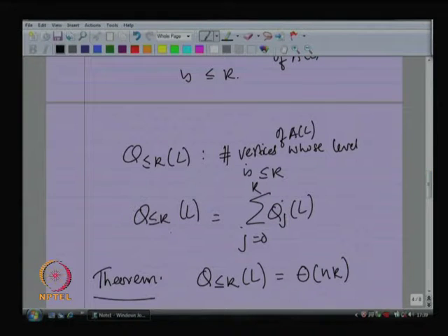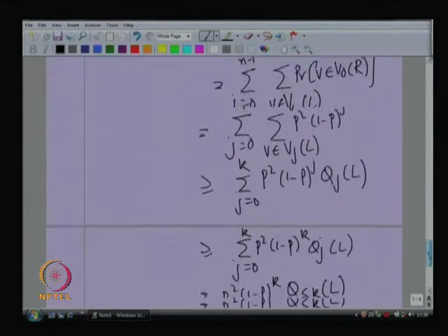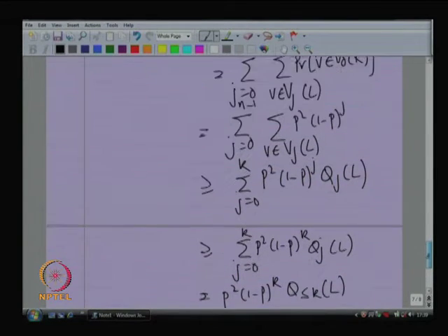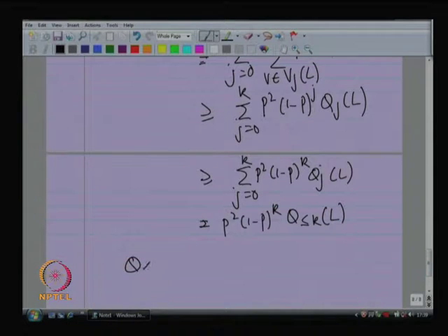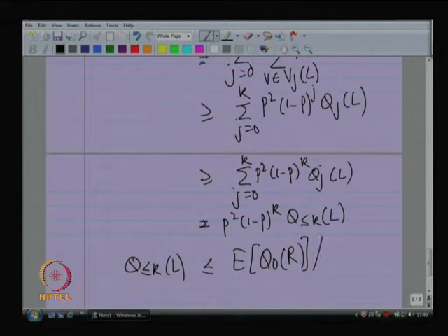So, this was the definition of phi k l at most. What it means is, if you put it the other way, phi k l is at most the expected value of phi 0 r over p squared (1 minus p) to the power k. Okay.